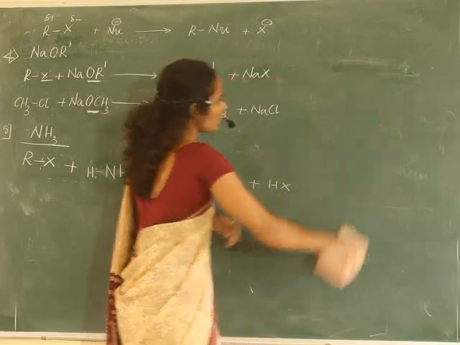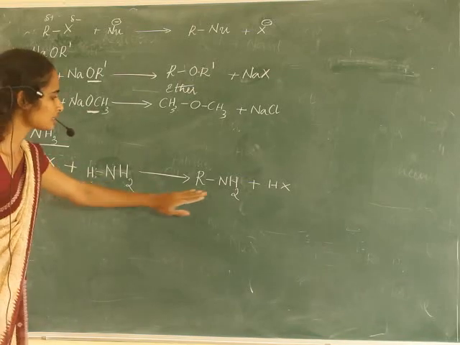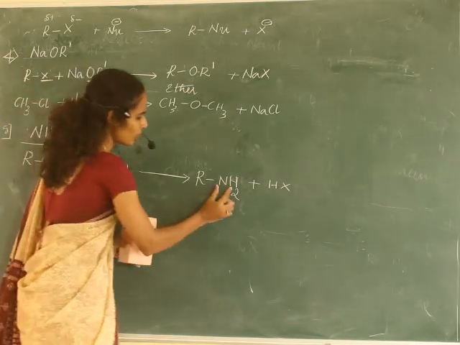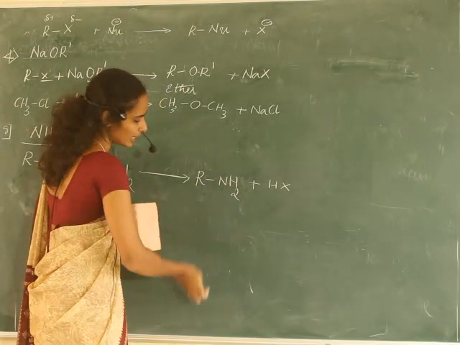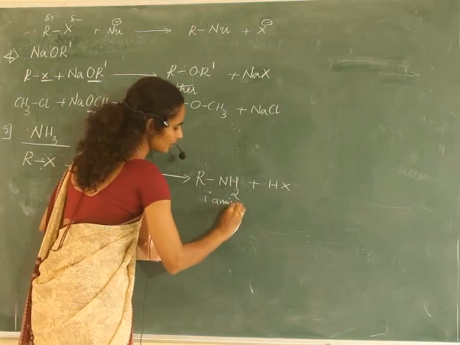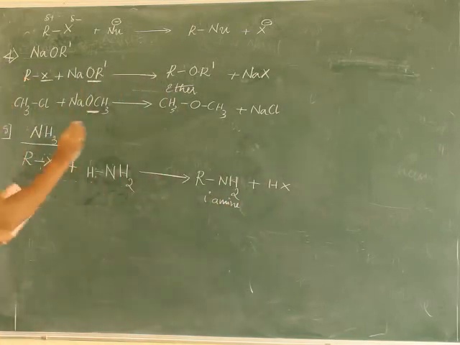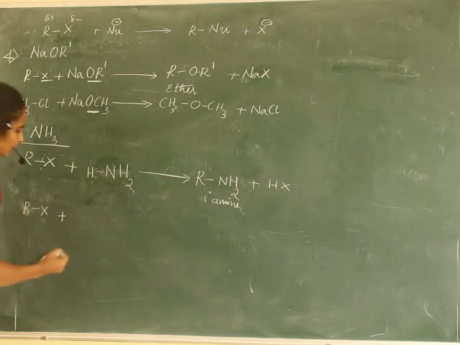Now alkyl halide on reaction with ammonia results in the formation of, see, out of 3 hydrogen atoms, 1 hydrogen atom is replaced by the R group, hence it is a primary amine. It will give a primary amine, right? Now this primary amine, alkyl halide, which on reaction with the primary amine, what happens?